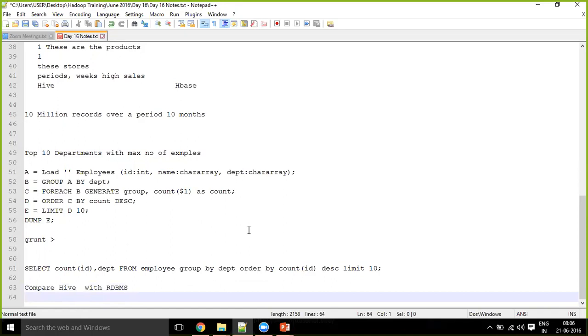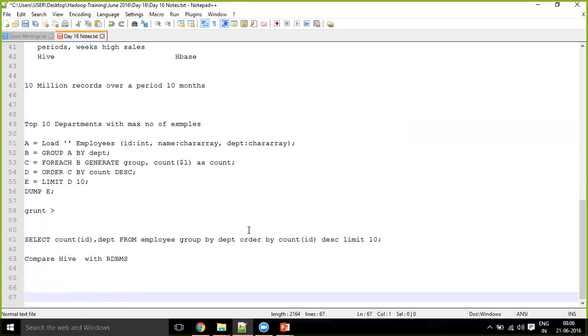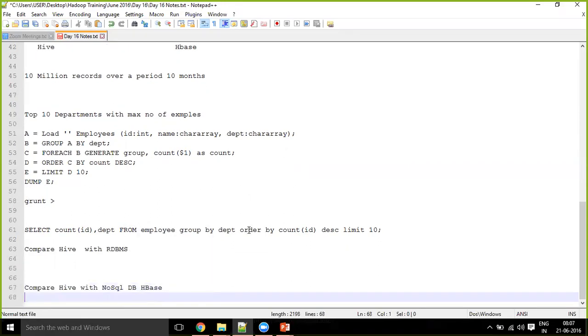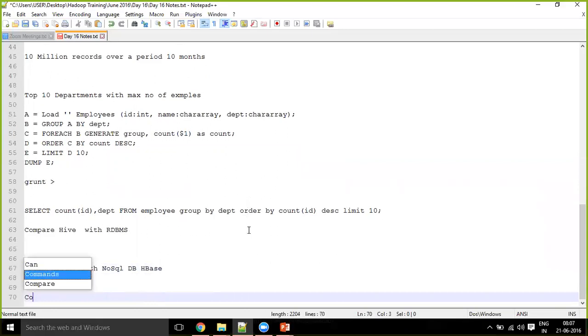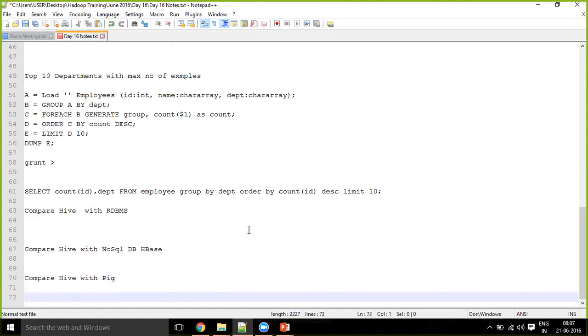So whether you understood the differences between Hive and RDBMS, and compare with NoSQL database, compare Hive with NoSQL DB HBase, and compare Hive with your Pig, and compare Hive with HDFS.